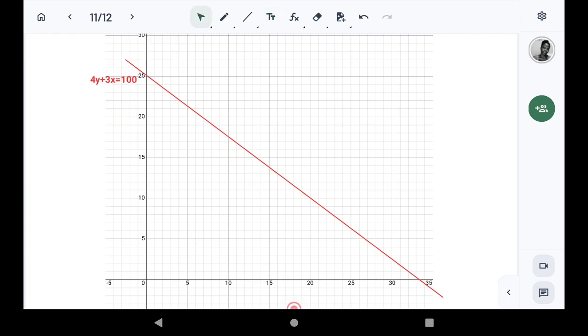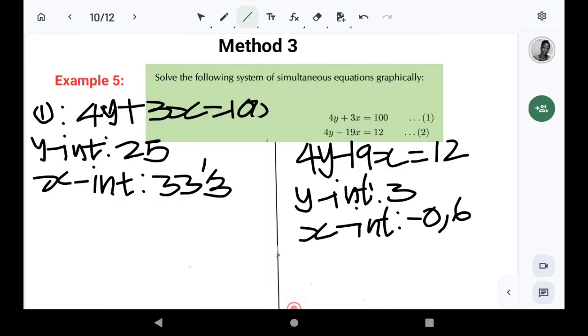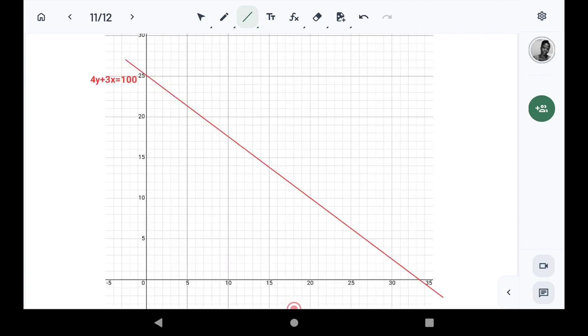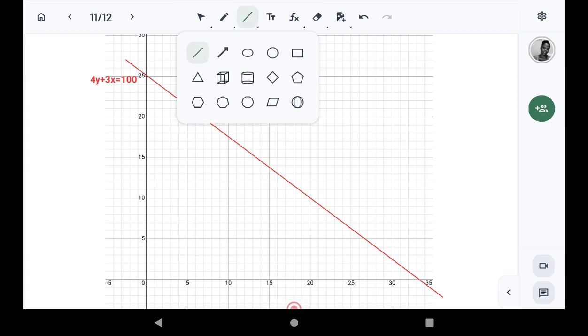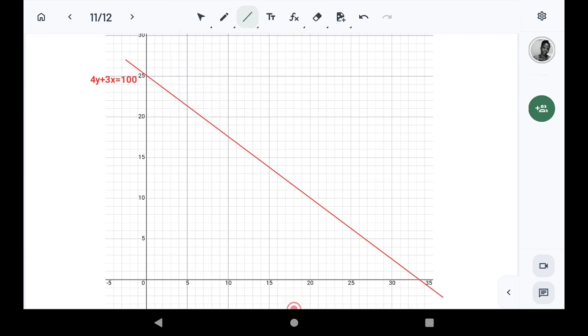The second one is, okay, the y-intercept is 3, and the x-intercept is negative 0.6. Y-intercept is 3 somewhere here.